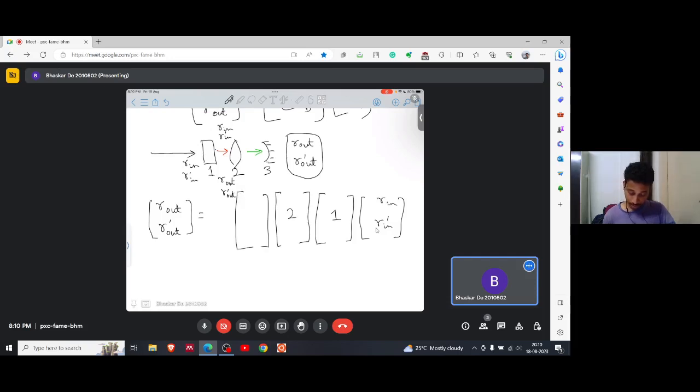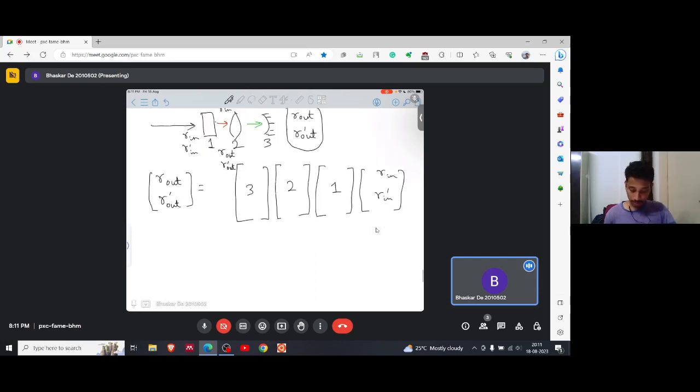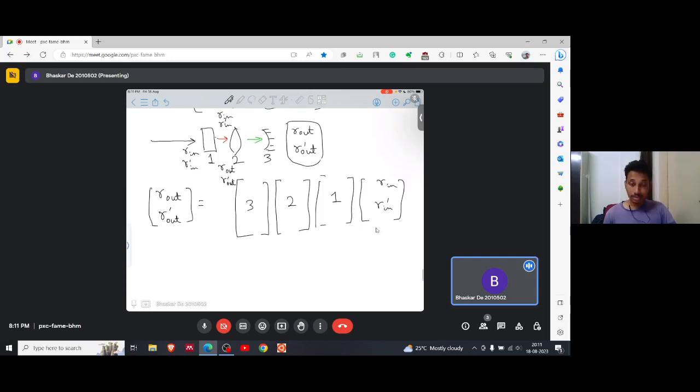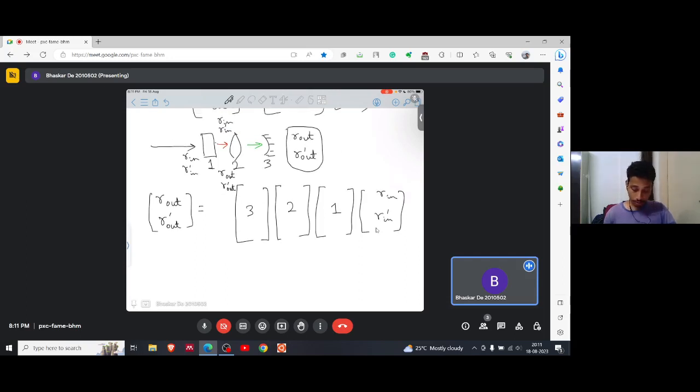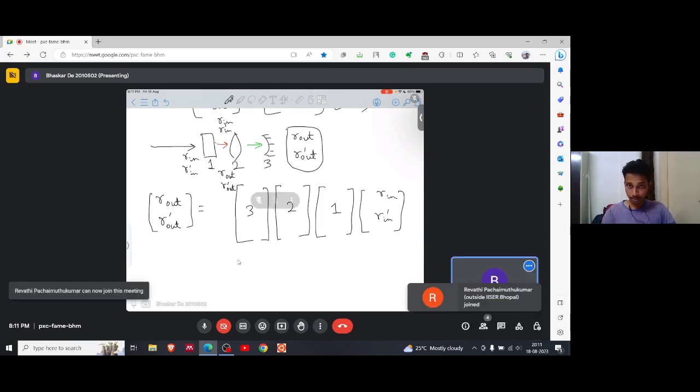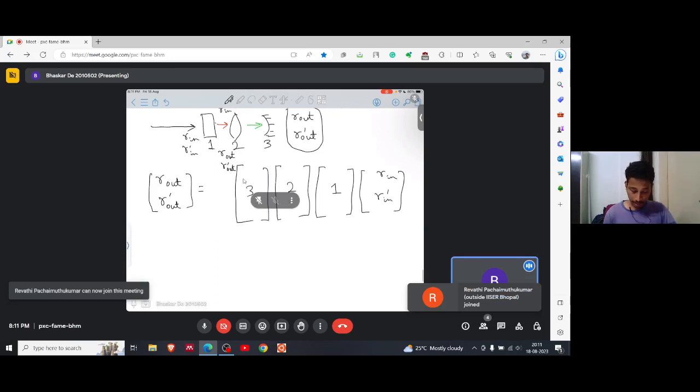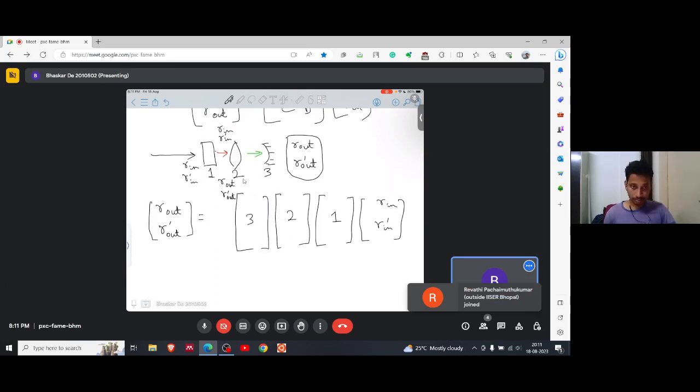Then we'll have a matrix for this mirror, so we need 3 matrices for 3 elements, and we'll then just multiply everything, 3 2 1, in the same order the beam is propagating. So by simply multiplying 3 matrices with the R in and R in dash, you will have R out and R out dash after these 3 optical elements.